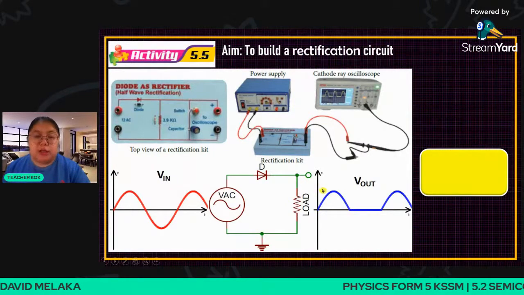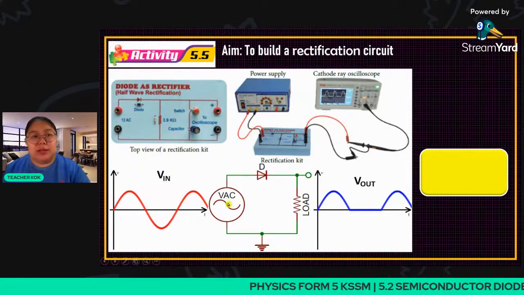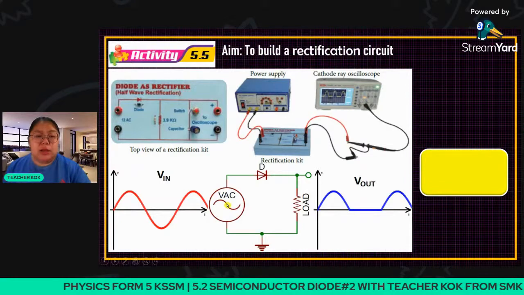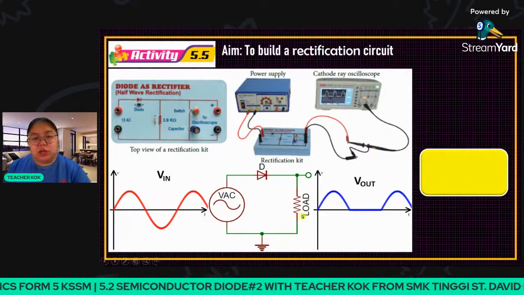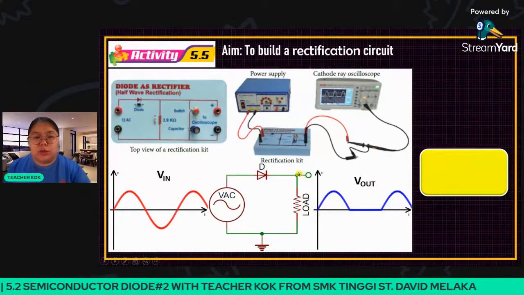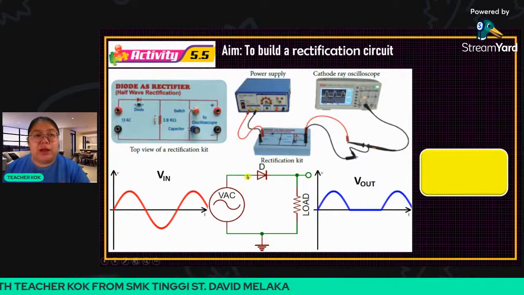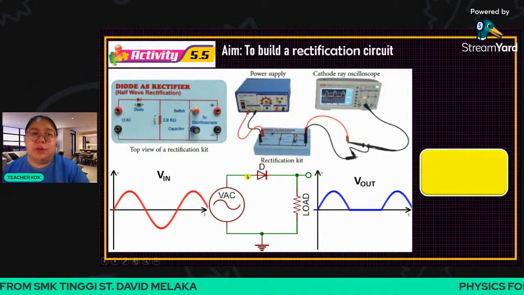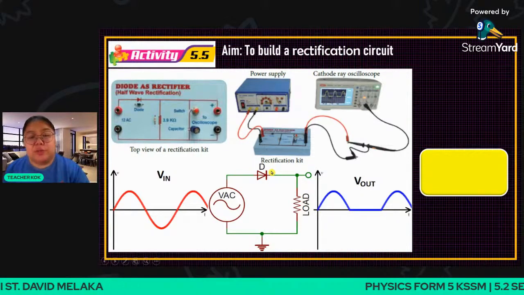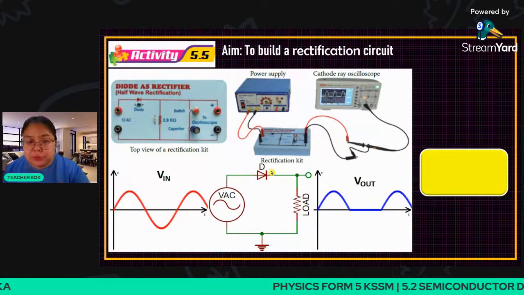Okay, they got voltage. Second cycle means now the alternating current will change to the opposite direction. So it moves from the diode to the load. After the load, it wants to go through the diode. In this situation, we find it cannot go through because this one is reverse bias. Remember the reverse bias?